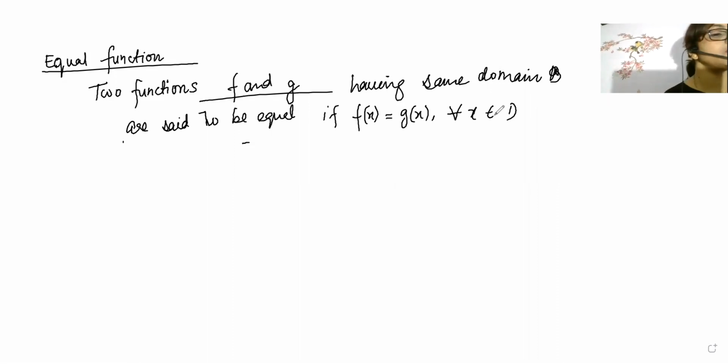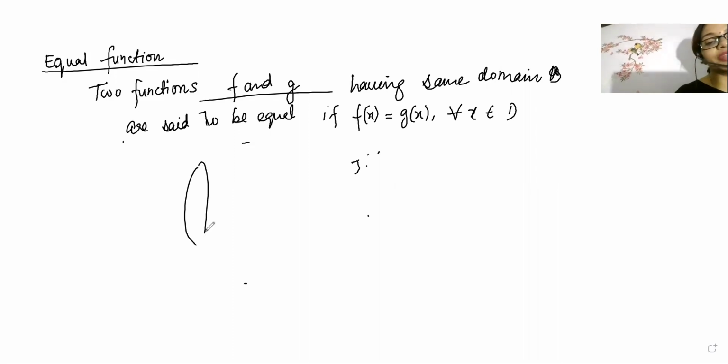F of x is equal to g of x. Okay, Pratika understood. So here, beta, two functions f and g are said to be equal functions if f of x is equal to g of x for whatever domain element there is. The domain element here is x.